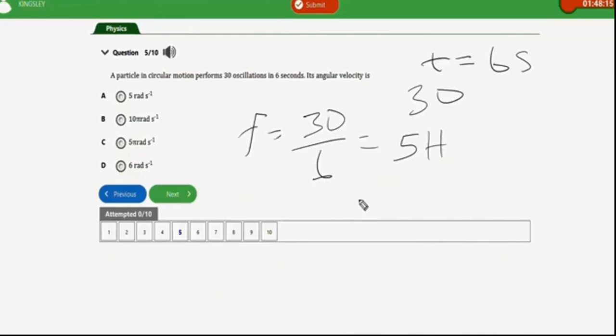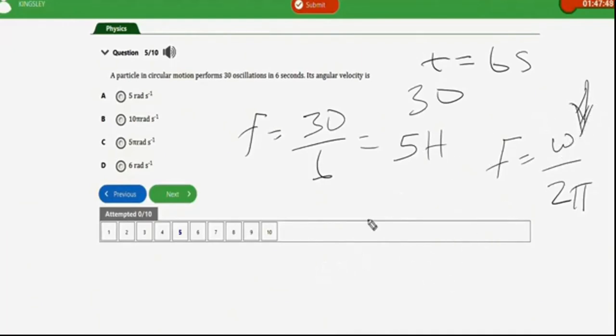Now that we have the frequency of this circular motion, another formula for finding frequency of a circular motion is frequency equals w over 2 pi. In this expression, this w here is our angular velocity.